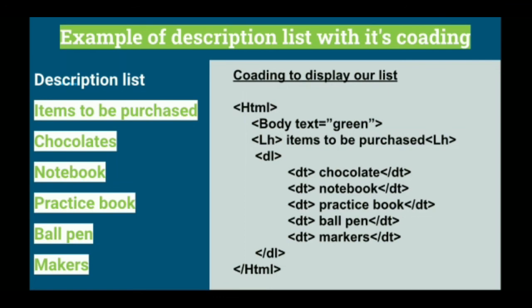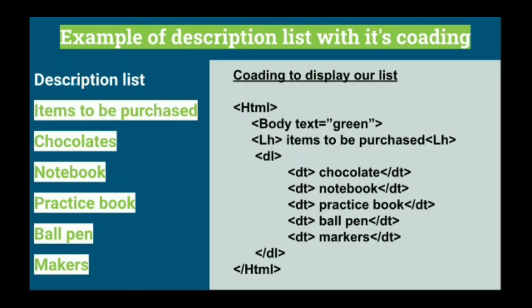So to create this type of list, which tag do we have to use? The DL tag. So this minor change you have to make in the previous program. Just remove OL and type DL. And then you have to remove all the LI tags, because here to insert list items we are using the DT tag. So write opening and closing DT tags to insert the list items.